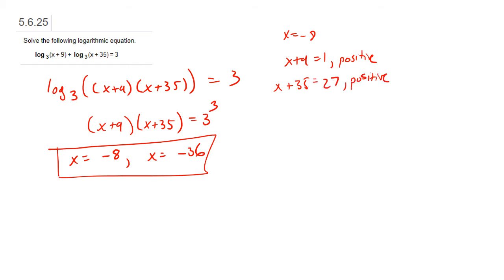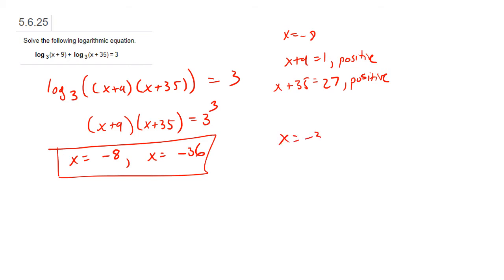In other words, even though x is negative, the thing that we take a logarithm of will be positive. So x equals negative 8 is a solution. Even though x is negative, we never actually take the logarithm of a negative number.